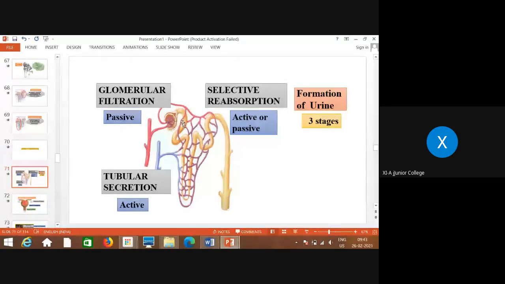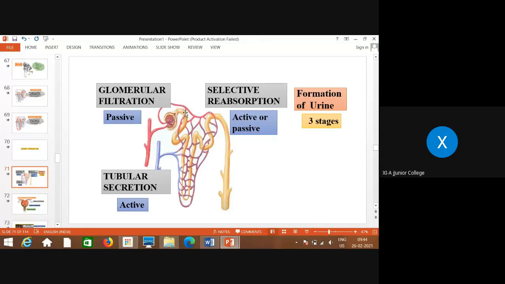Near this neck or Bowman's capsule, the renal tubule is highly coiled, and so this part is called PCT, that means proximal convoluted tubule. This highly coiled part is near the Bowman's capsule.